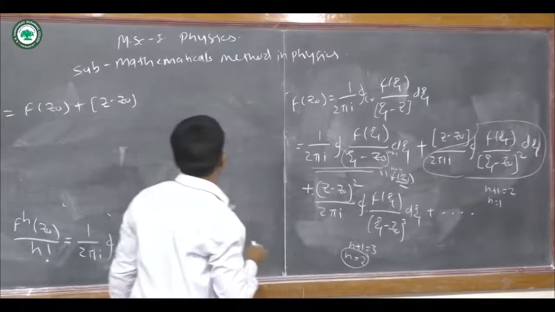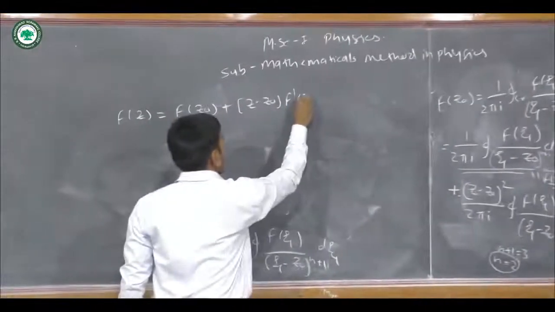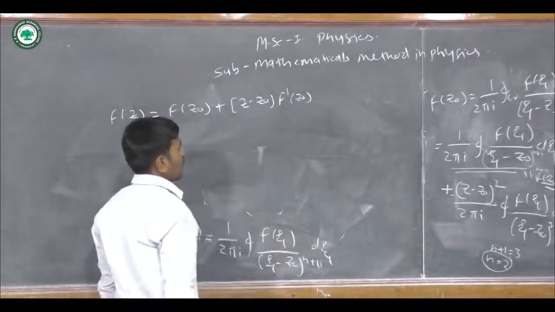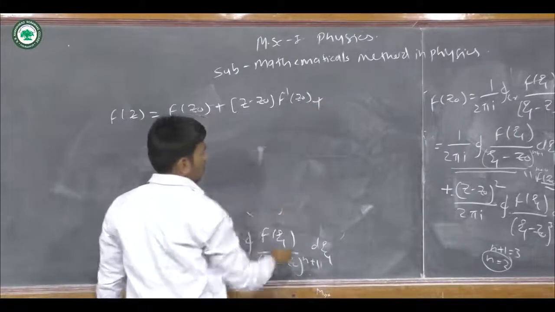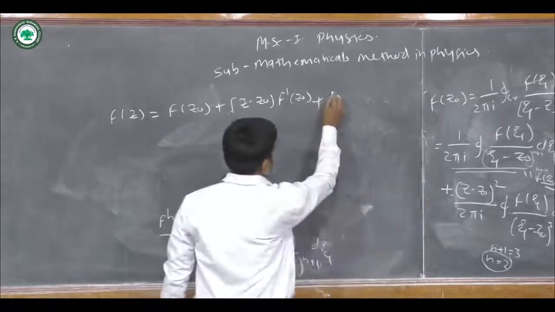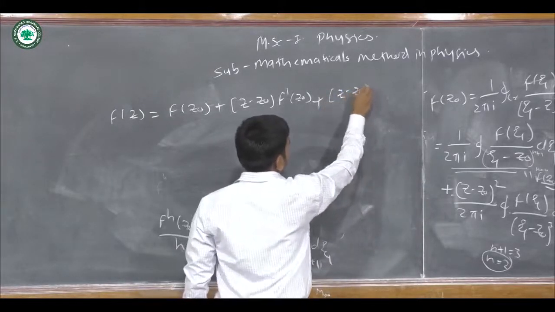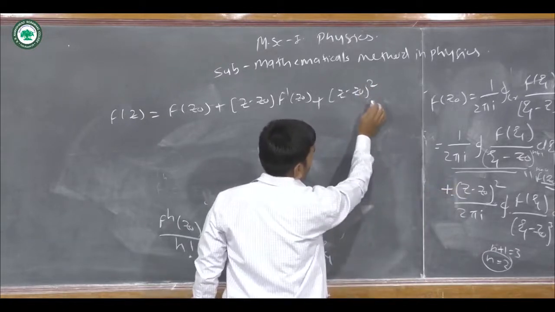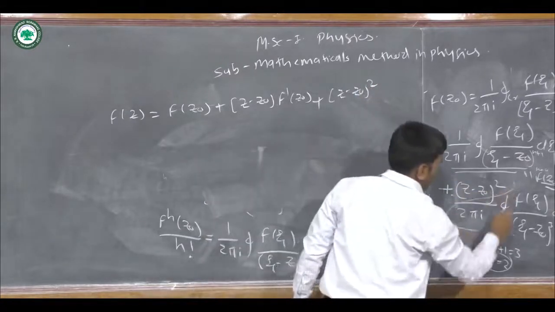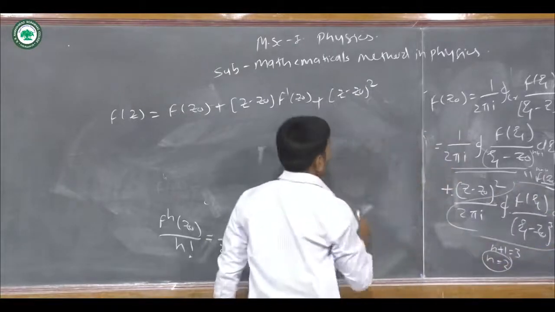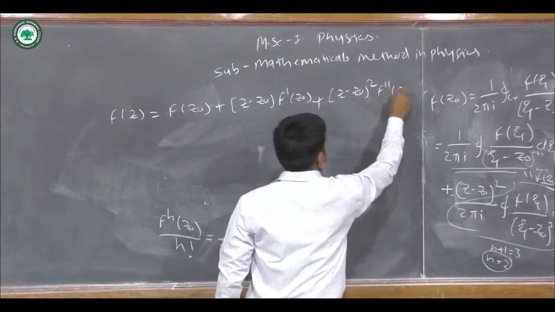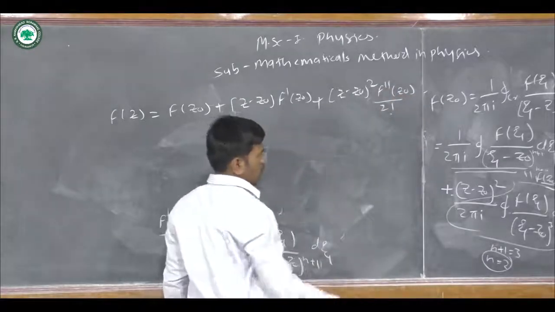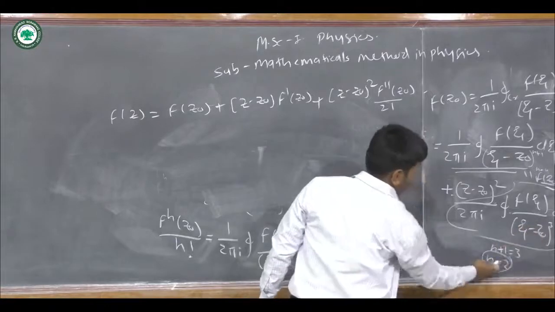So this is nothing but f prime z naught divided by 1 factorial, so no need to write the 1 factorial, and plus for these terms I can write z minus z naught power 2 into f double prime z naught divided by 2 factorial.